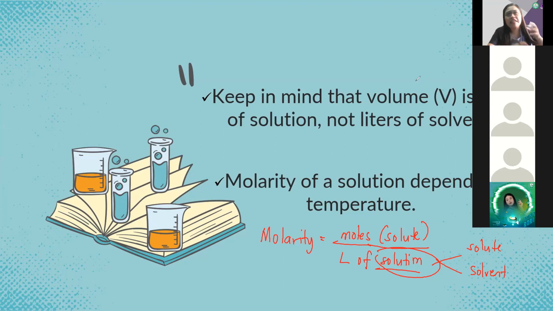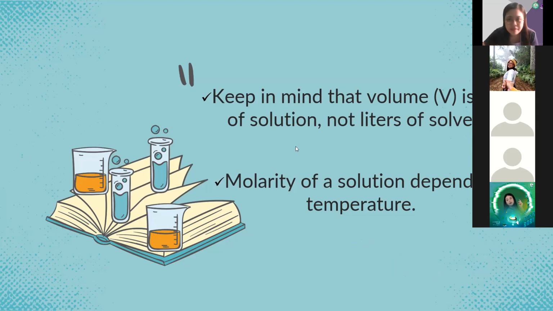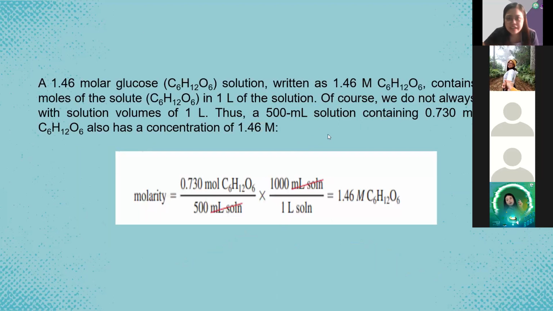But if we don't use hot water, for example we want a cold one, the milk will not disperse, right? And then it will form clumps. Okay? So that shows, class, that the concentration, the molarity, is dependent on temperature. The solubility is different, dependent on our temperature.